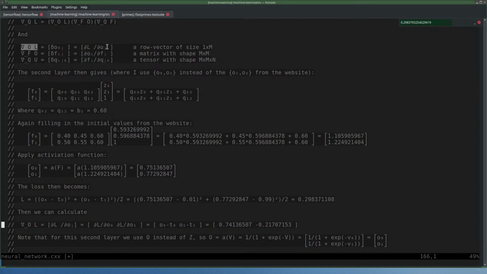That's this, which is written out O0 and O1, which is O0 minus T0 and O1 minus T1, which was also correct.